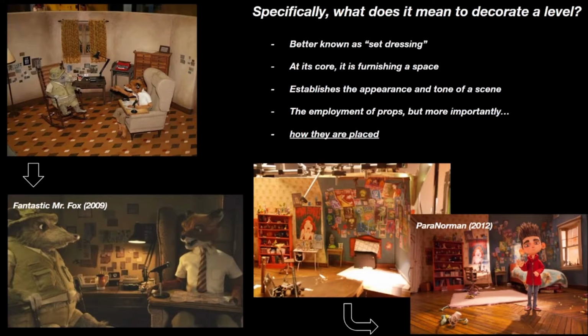But usually you put a lot of time into placing props and decorations everywhere to establish a tone, but more importantly, an appearance. It makes a lot of sense and is kind of obvious when I say it out loud. But if you want something to look like a specific area, you have to put in the time so that it looks like that.